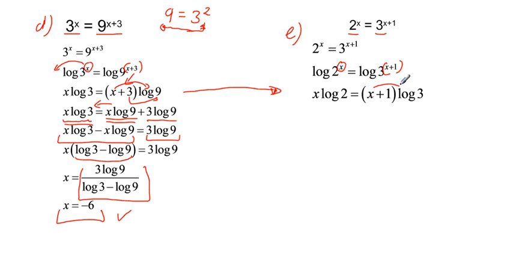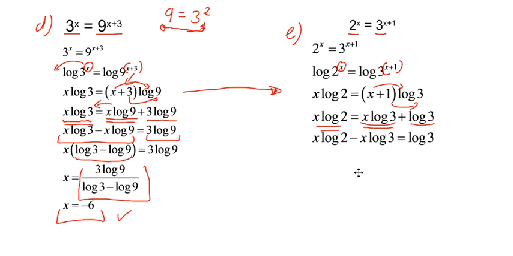Then the next step will be to distribute, to expand it, not to factor. So this is why you have x log 3 and 1 times log 3. Then you're going to combine these two terms because they do contain the same variable x that you're after. So bring this to one side.